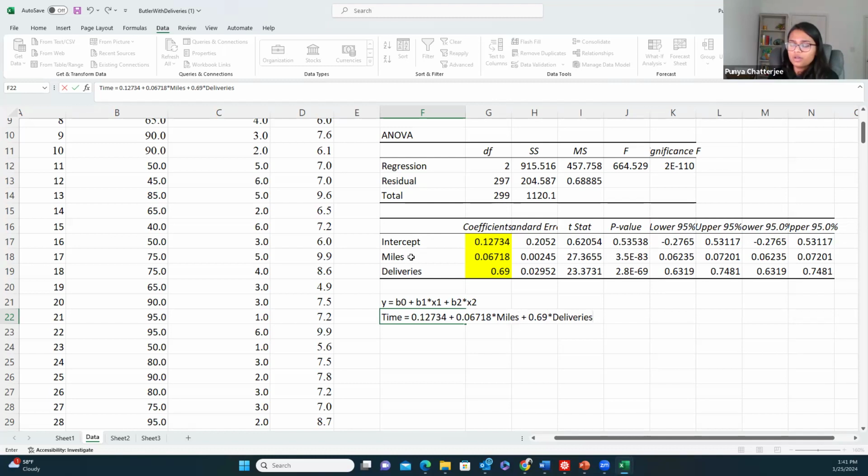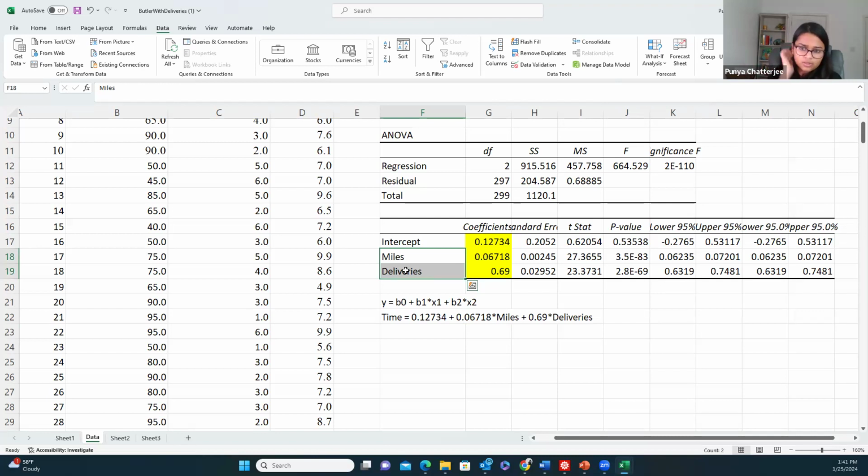Okay. So if you don't select your labels in your regression, you're not going to get these names, miles and deliveries. So that's why I don't think it's a good idea to not include labels. So any questions on how to write the regression equation? Every time I ask you to do your regression, I will ask you to give me the regression equation. So once you get the output, you have to write down the regression equation. And this is our model, or this is the equation, right?